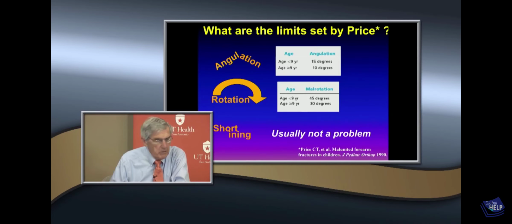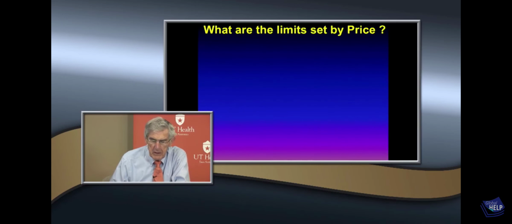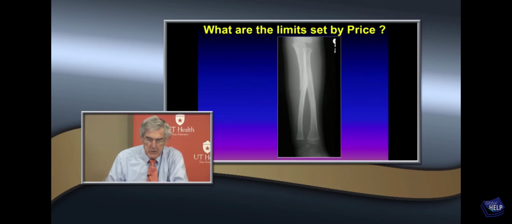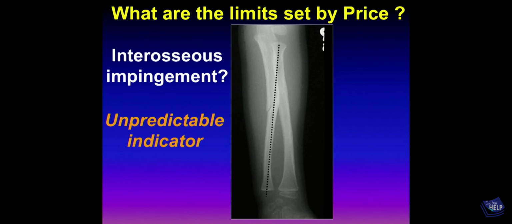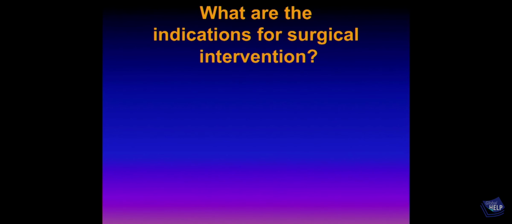Shortening doesn't seem to be much of a problem. And the other thing that everybody worries about is this fracture, in which there is an interosseous impingement. And in his study, he said that was kind of an unpredictable indicator, as long as you had corrected the rotation and the angular malalignment.